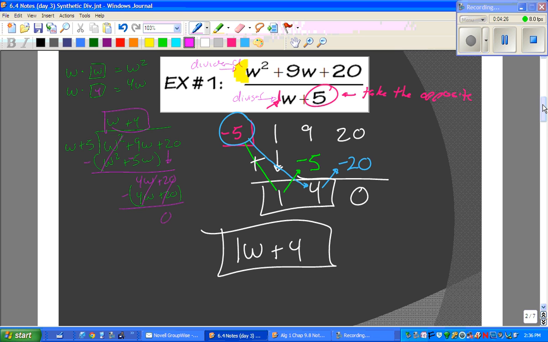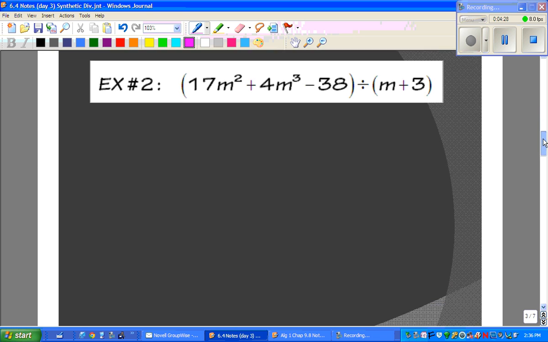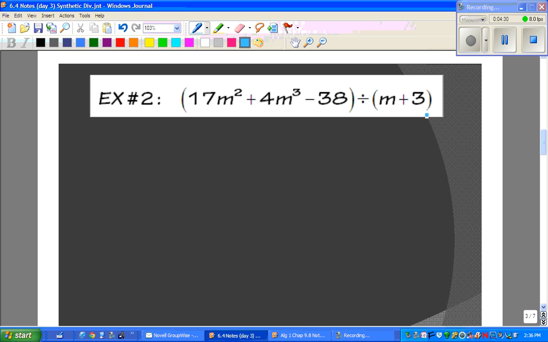Okay, so let's look at the next example. Remember that we want the opposite of 3, which is negative 3. And now we want all of these in order. I'm looking for our highest coefficient, which is 4. Then would be the 17.